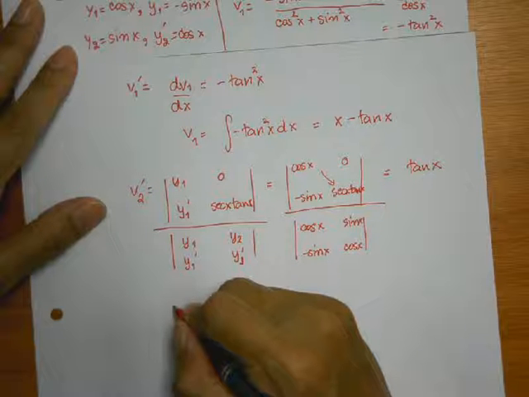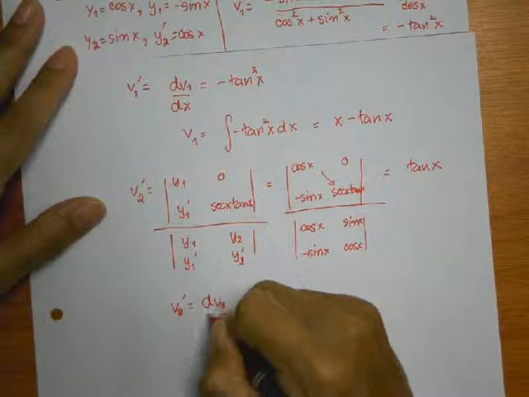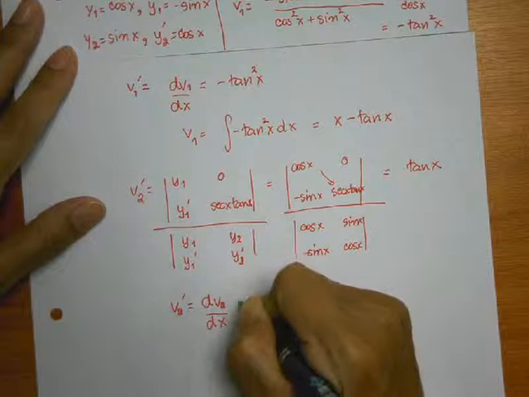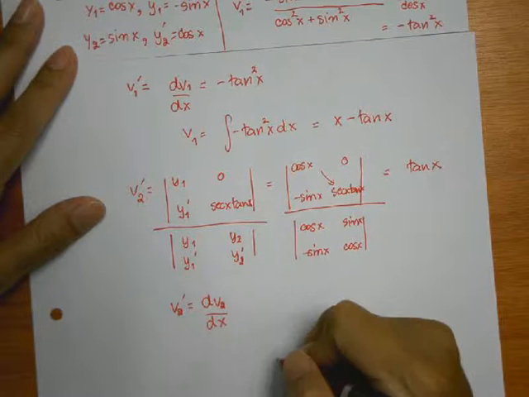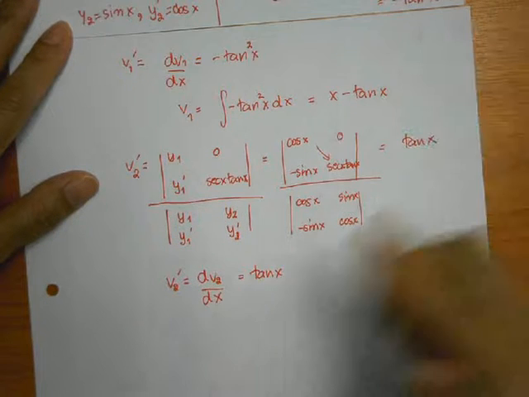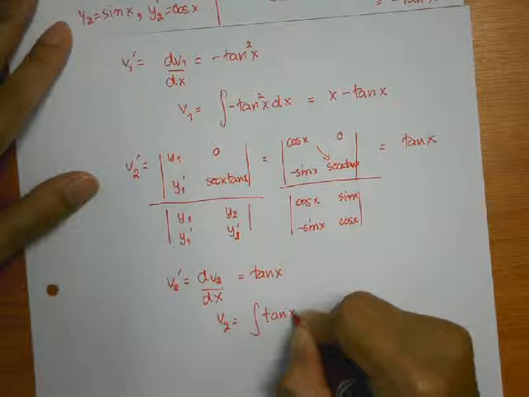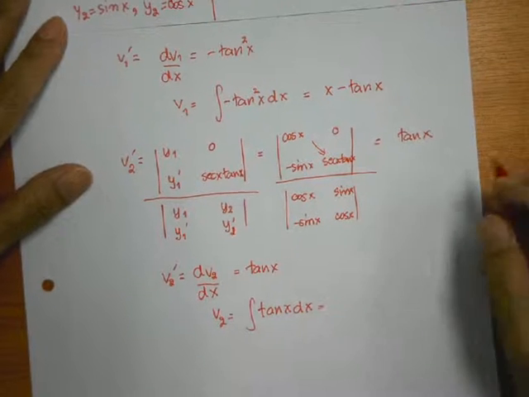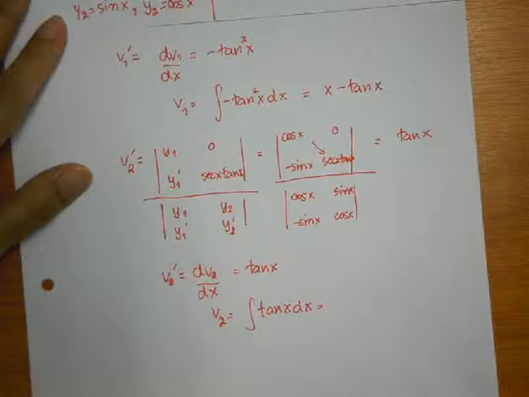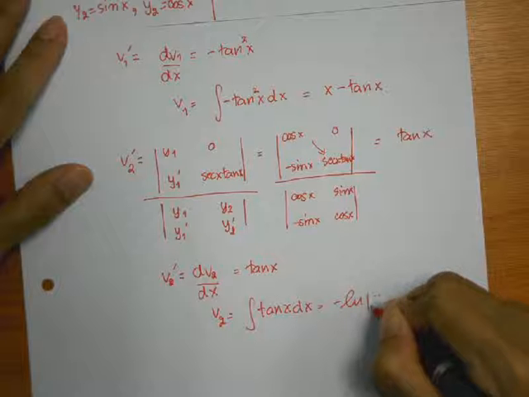But we know that the first derivative of v2 is equal to dv2 by dx equal to tan x. From here we can find v2 is equal to integral tan x dx, which is equal to minus ln cos x.